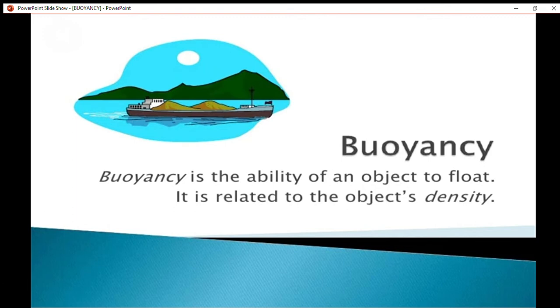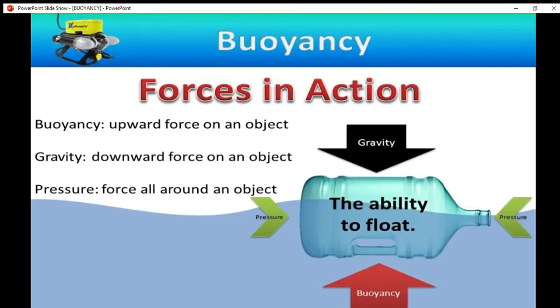It is dependent on the volume of the object. As the volume of the object increases, buoyant force also increases. The next one is density. As the density of the fluid increases, the buoyant force also increases.